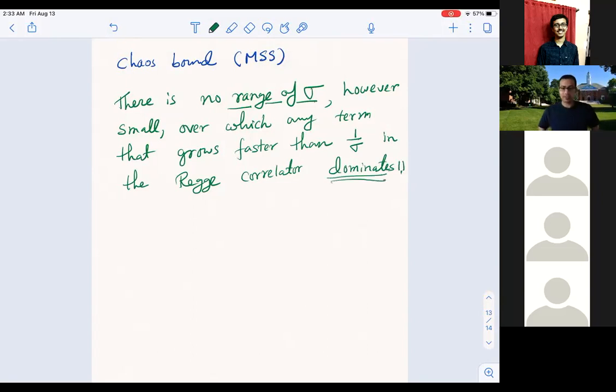So basically, this is the right interpretation of the chaos bound. The statement is there can be 1 over sigma cube, 1 over sigma to the fifth, those kind of terms. They are there, but they can never dominate over the 1 over sigma term.